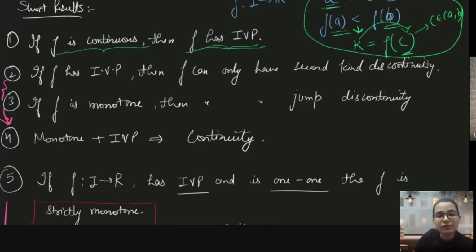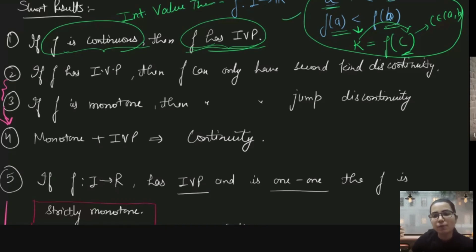This whole first statement is called the intermediate value theorem. Okay. So this property is called the intermediate value property, and if f is continuous, it satisfies it, and this is called the intermediate value theorem.